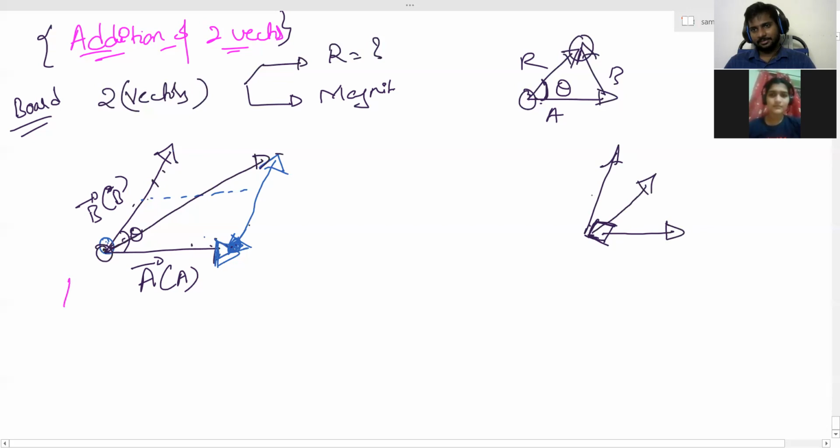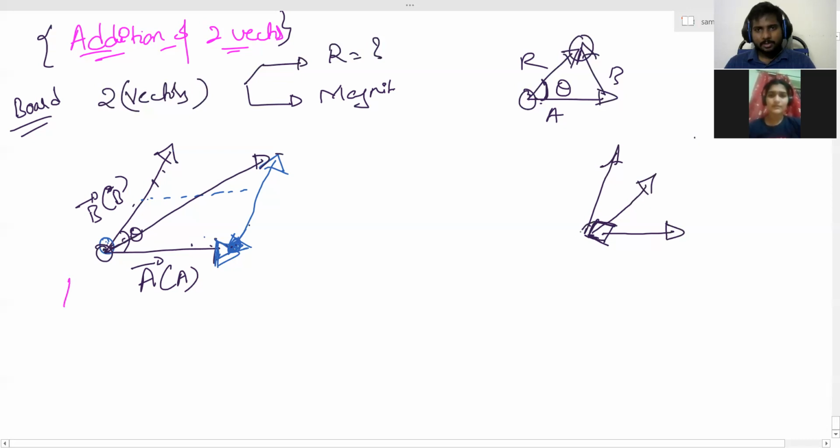You have not observed this, applying a force on a point.